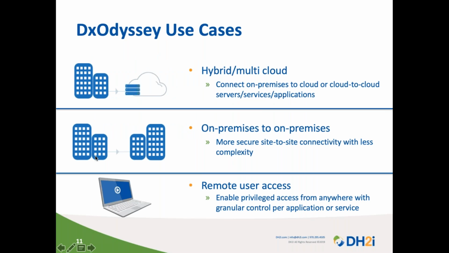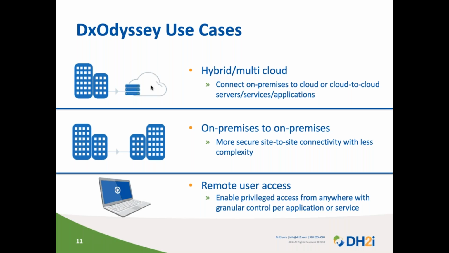So I kind of want to briefly revisit this use case discussion, but apply how DX Odyssey overlays onto these various architectures. For those cloud, hybrid cloud, multi-cloud use cases, this allows customers to connect their on-premises resources to the cloud or connect cloud to cloud, all without having to rely upon that cloud VPN service.